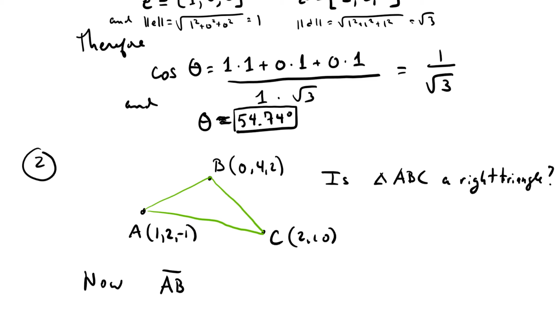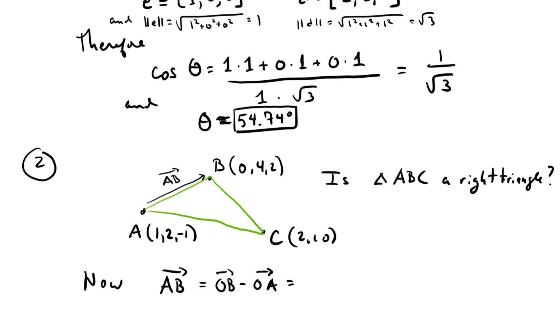Now the vector AB, that's vector AB right there, right? How do we calculate it? Well, we do coordinates of B minus coordinates of A, right? So I'm doing basically OB minus OA. You don't need to write that up, I'm just explaining how that vector AB is obtained.